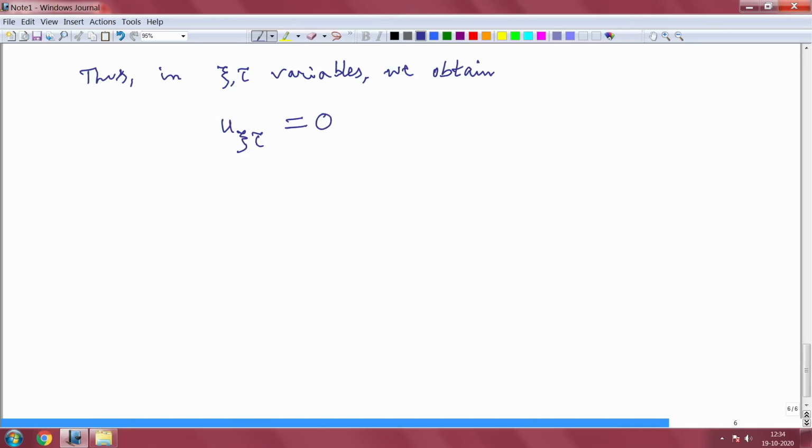It is still second order, but this one we can integrate easily. The wave equation we could not integrate directly, but in these characteristic variables we can easily integrate.